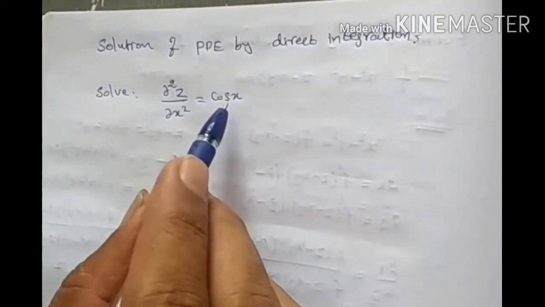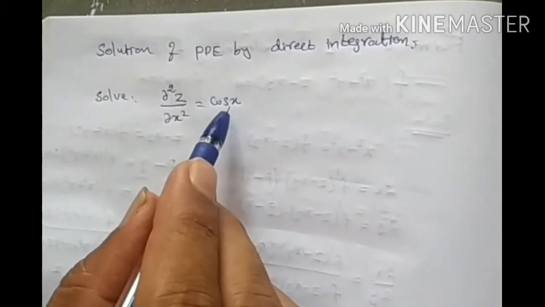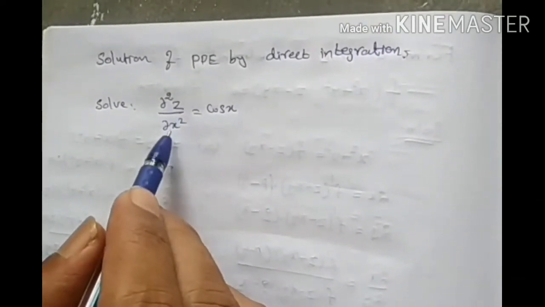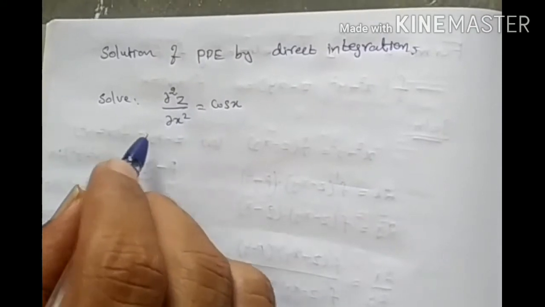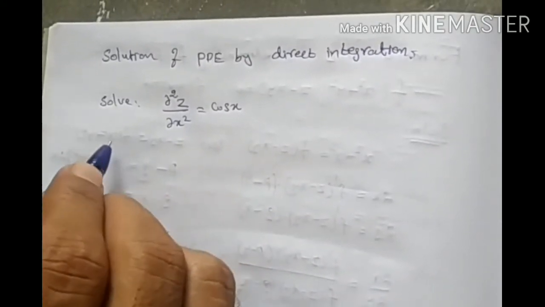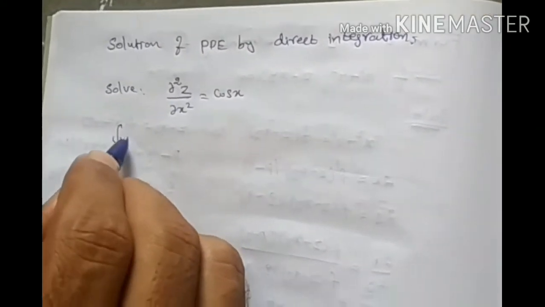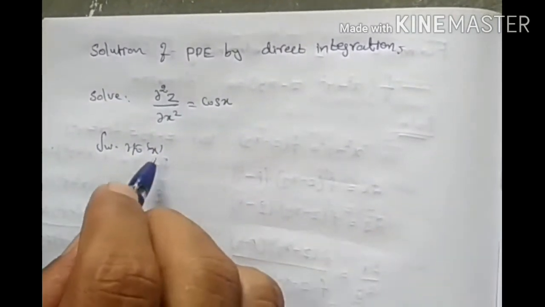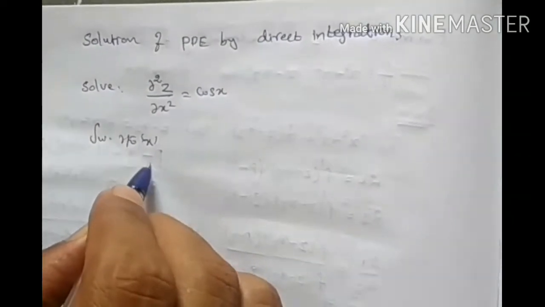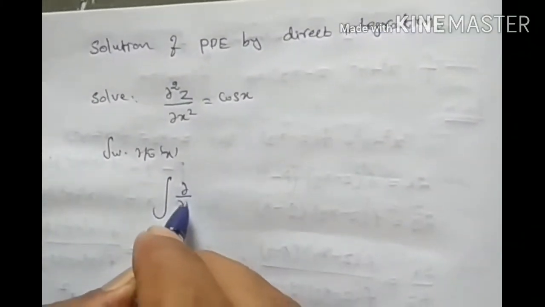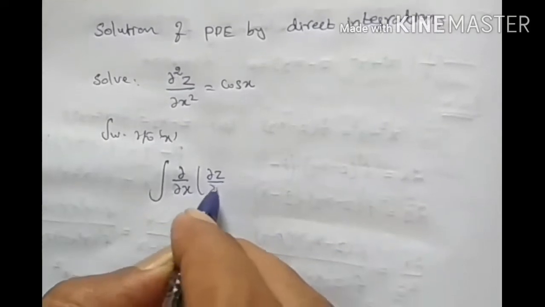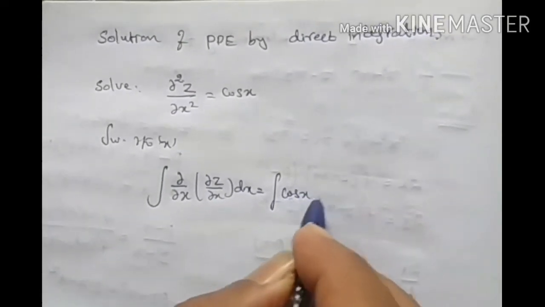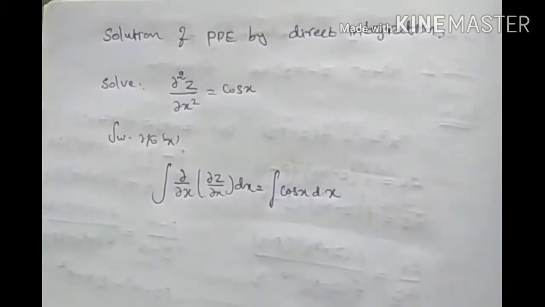We have only one function on the right-hand side, with independent variable x, and here ∂²z is differentiated with respect to x two times. So while doing the reverse process, first we integrate with respect to x. We can write this as the integral of ∂/∂x of (∂z/∂x) dx equal to the integral of cos x dx.